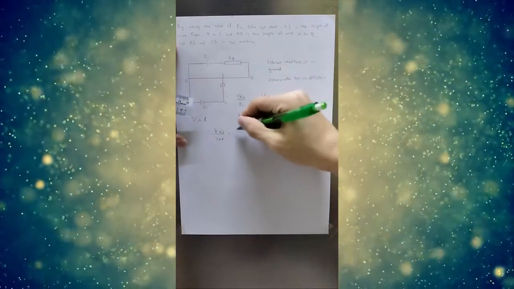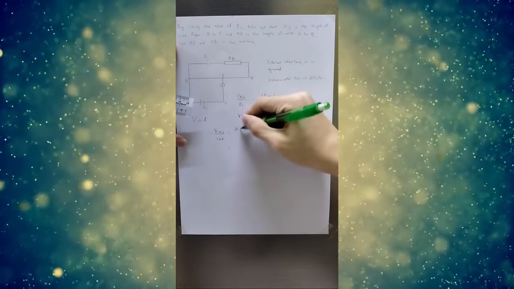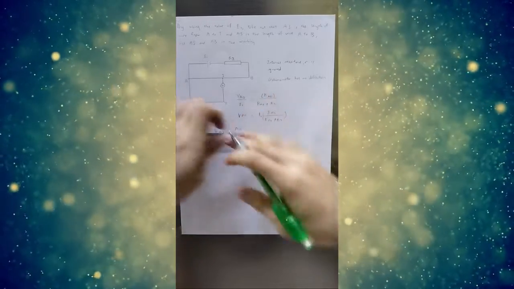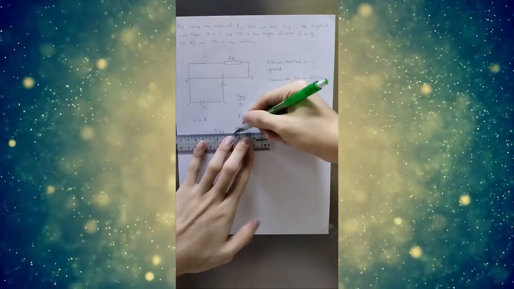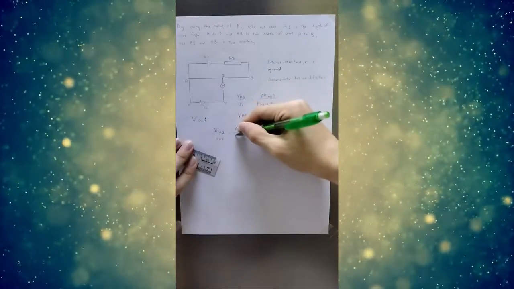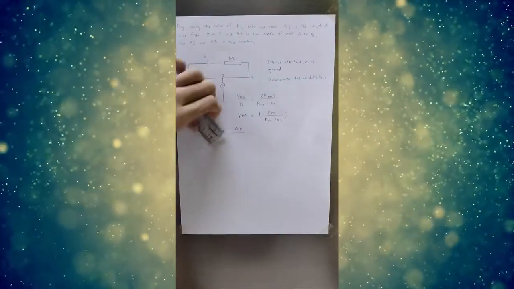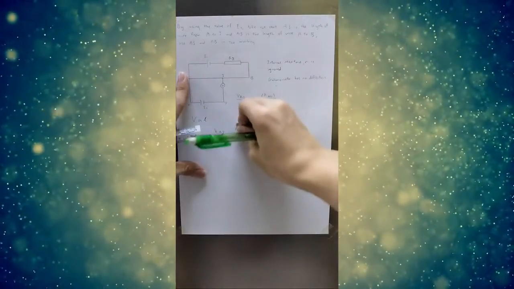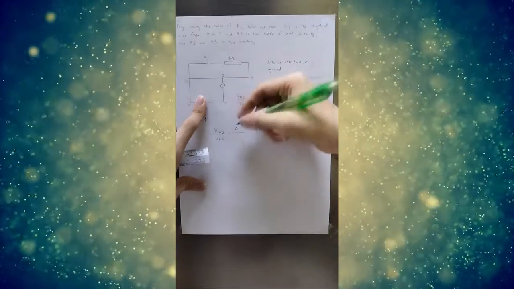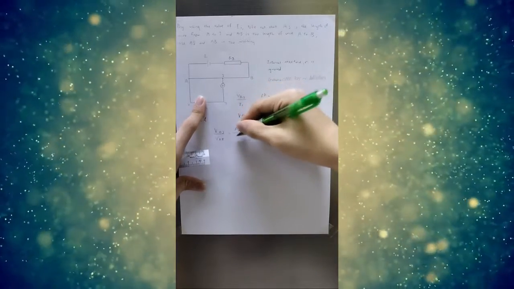So the length of A to J is AJ over AB. Oh sorry, that's wrong, it's AJ right here, AJ over AB.